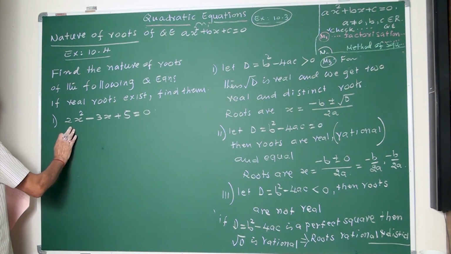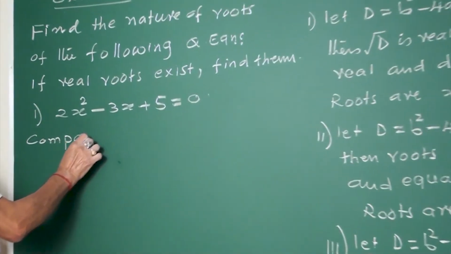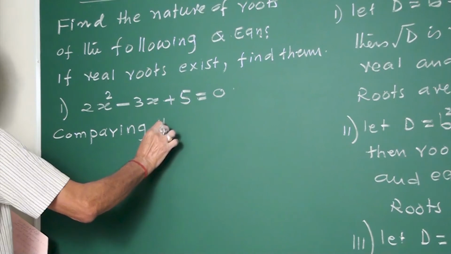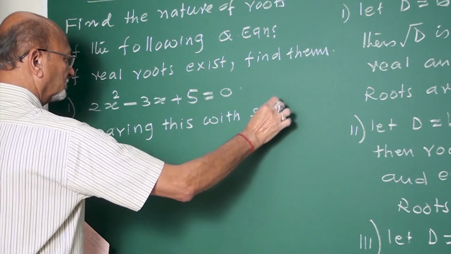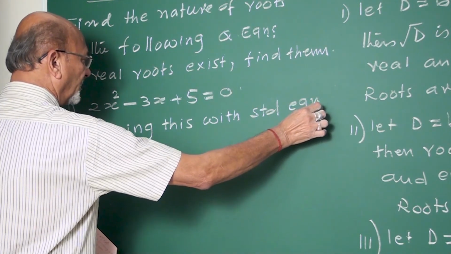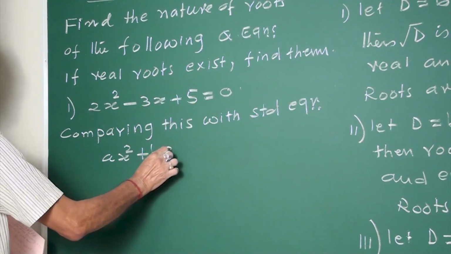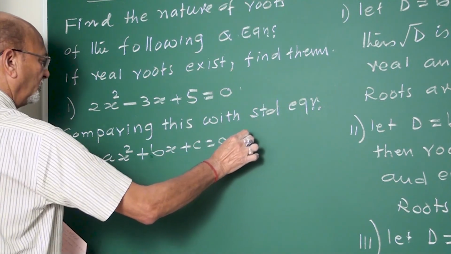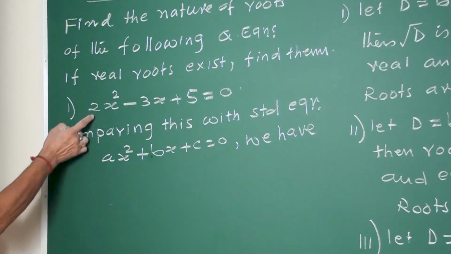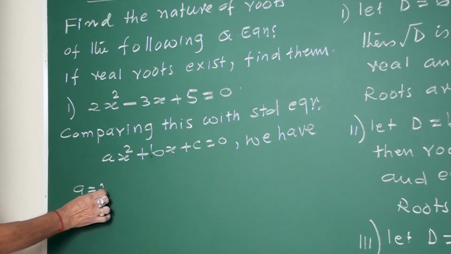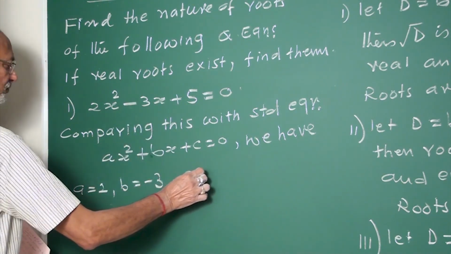Yes, my friends, the first example I write in detail, comparing this with the standard equation ax square plus bx plus c equal to 0. We have a is 2, b is minus 3, and c is 5.